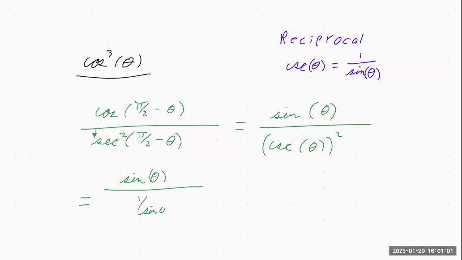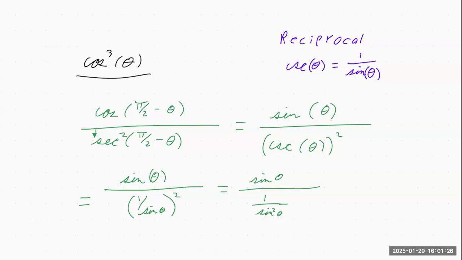All right. Well, first let's distribute that exponent so we can just have a division by one fraction. So this will be sine theta over, whenever you square a fraction, you square the numerator and the denominator separately. So this is 1 squared, or 1 over sine squared. Right? And it's still a fraction of a fraction.